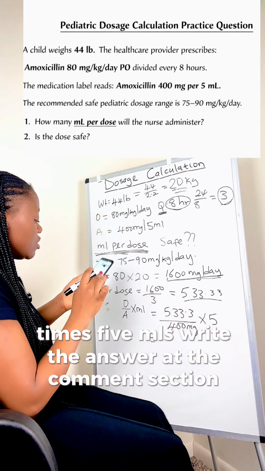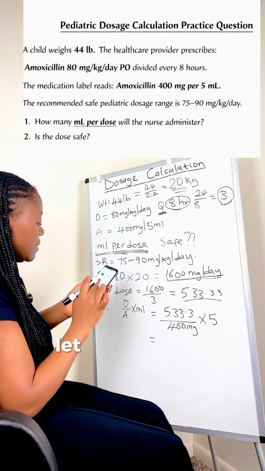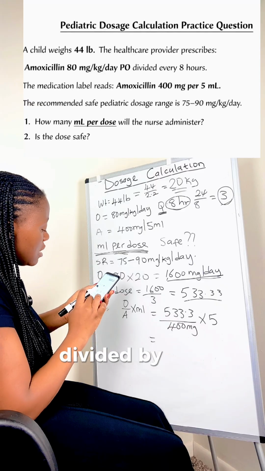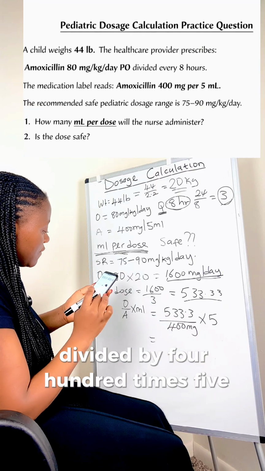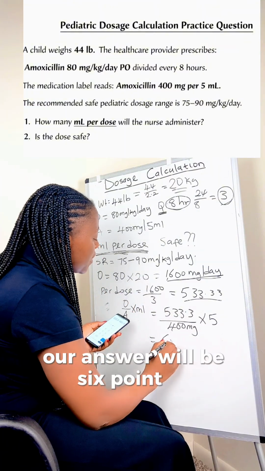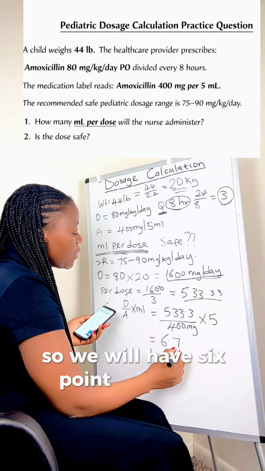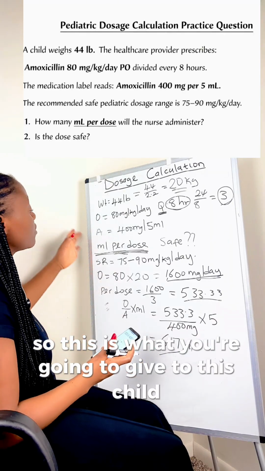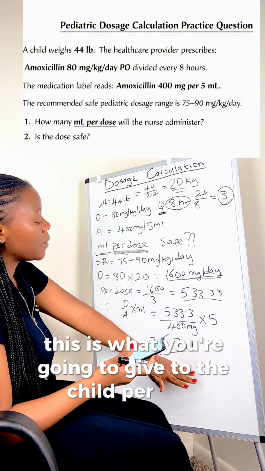Write the answer in the comment section, please. Let me just do this. 533.3 divided by 400 times 5. Our answer will be 6.6666. Round it to the nearest tenth, so we will have 6.7 mLs. So this is what you're going to give to the child per dose. It answers the first question on your screen.